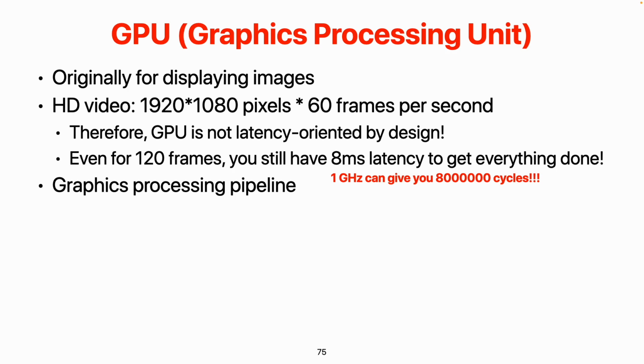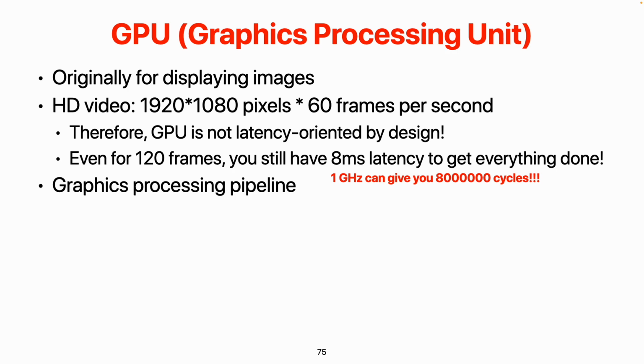So what does that mean? You have abundant processor time to generate those results. And for computer graphics, it doesn't really matter when you give out that result, as long as it's before your eyes need to see it.